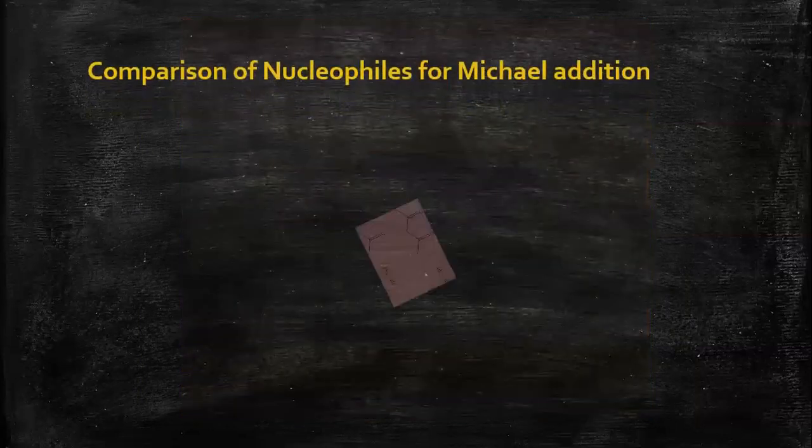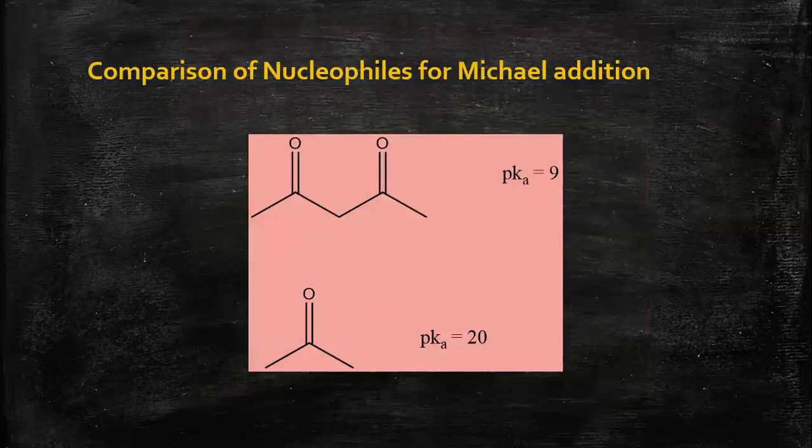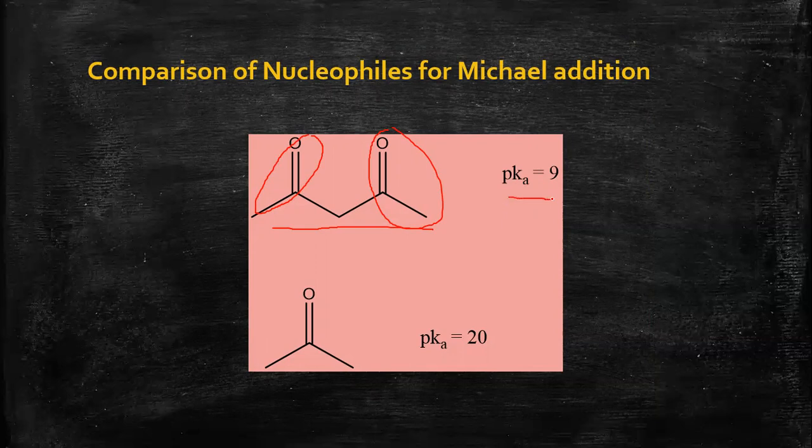Now let's have a comparison of two nucleophiles for Michael addition. Here we have this nucleophile which we use in the Michael addition reaction, as both of these, R or R dash, are electron withdrawing groups. This compound, or 1,3 dicarbonyl compounds, have pKa values of around 9.